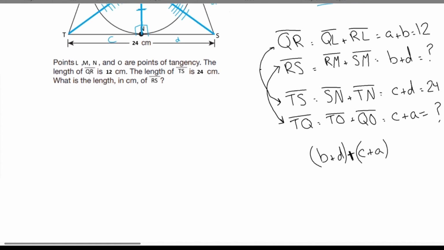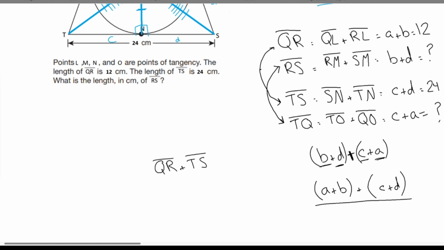And we also have QR plus TS, which is A plus B plus C plus D. And notice here that we got A plus B plus C plus D in this one, and here we have A plus B plus C plus D. So when we order these around, we get that QR plus TS equals RS plus TQ.